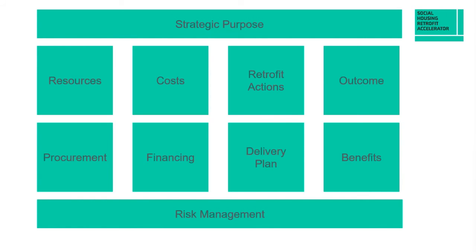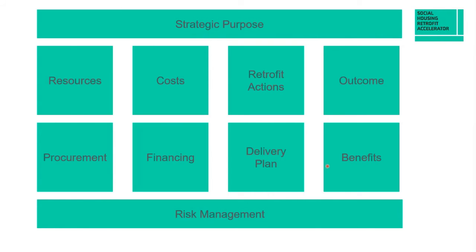So they range from the strategic purpose. What is the alignment between this project and the strategy? We will be a net zero carbon emissions organization by 2050. This project is a step to a net zero housing stock or whatever. Deals with the outcome. What will the project deliver? This project will deliver an upgrade of these 100 properties to EPC C at a minimum.